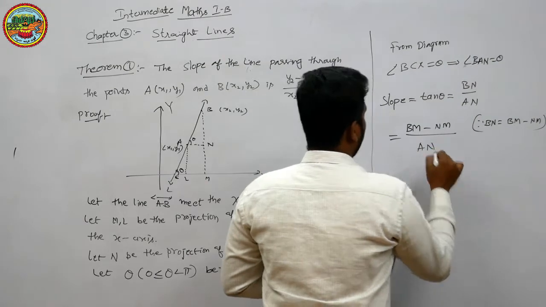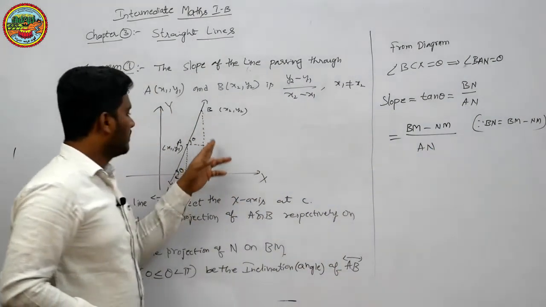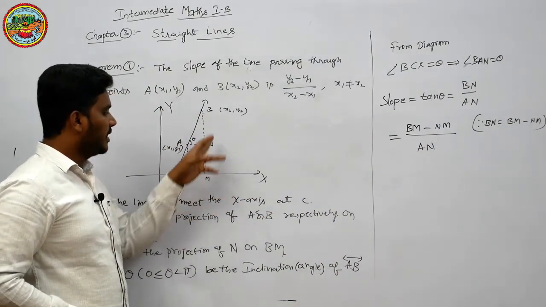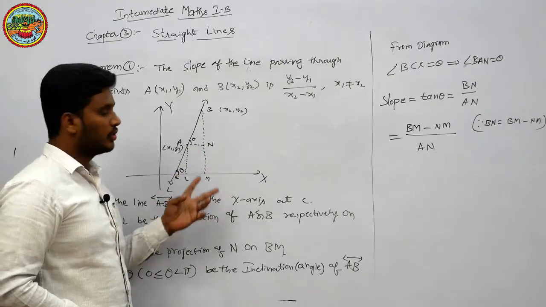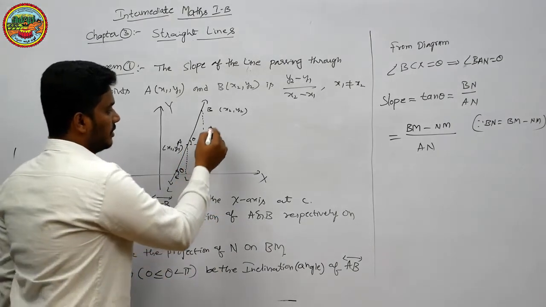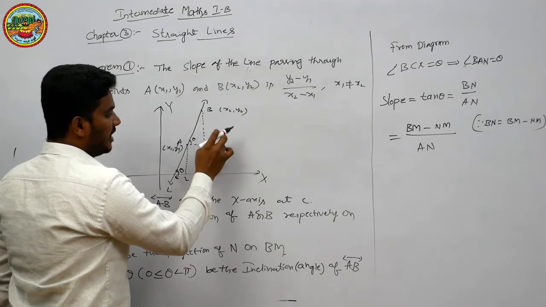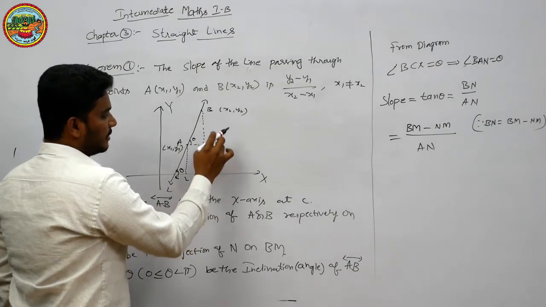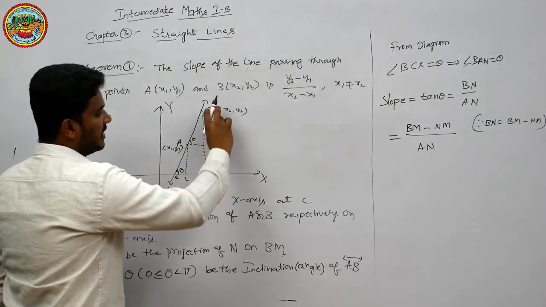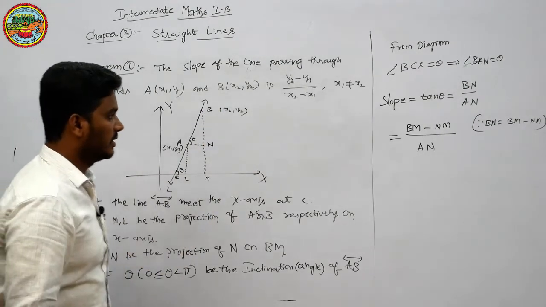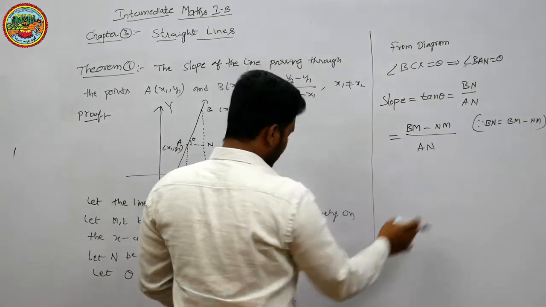If we take the line BM and subtract NM, we get BN. So tan theta is equal to (BM minus NM) by AN.